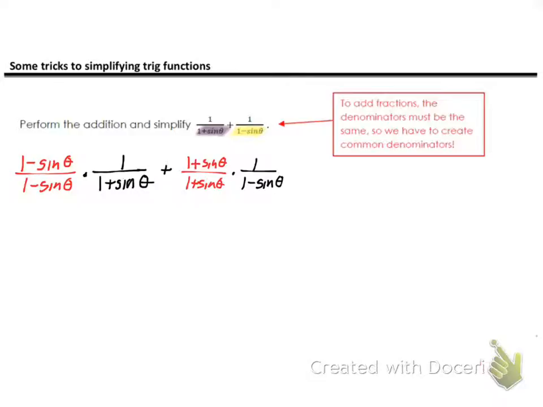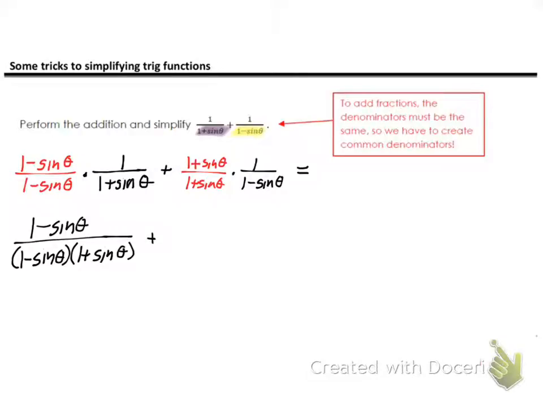All right, if I do all of those multiplications, we're going to have, well, 1 minus sine theta times 1 is just 1 minus sine theta. And that's going to be all over 1 minus sine theta times 1 plus sine theta.